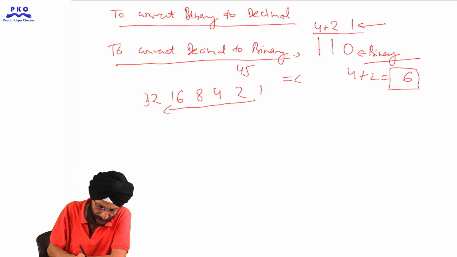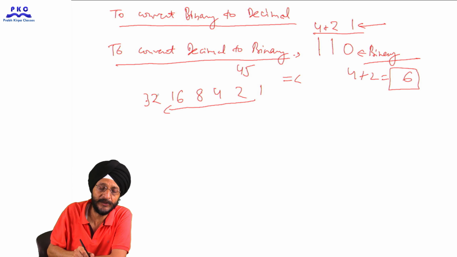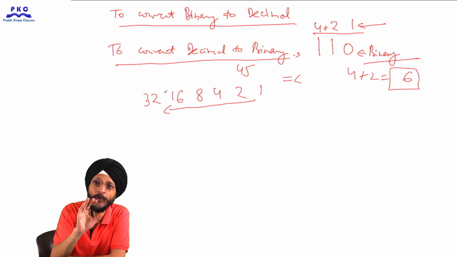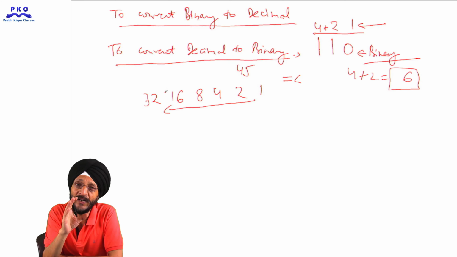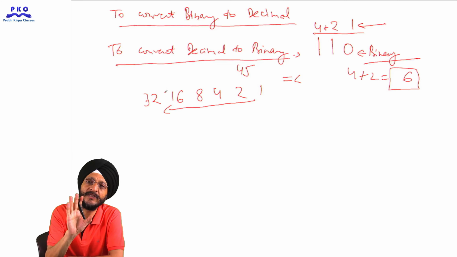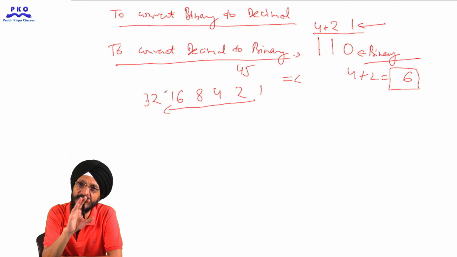If we multiply 32 again by 2, we will get 64. But 64 is more than 45. We want a value which is either 45 or less than 45. Here 32 is sufficient because it is less than 45.